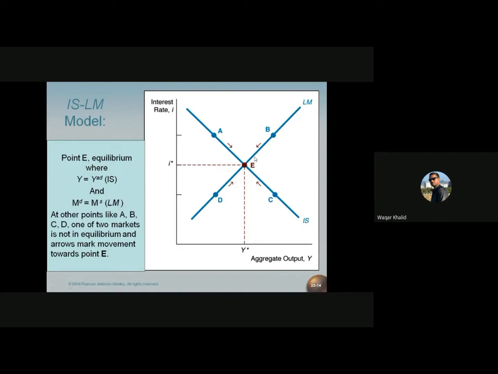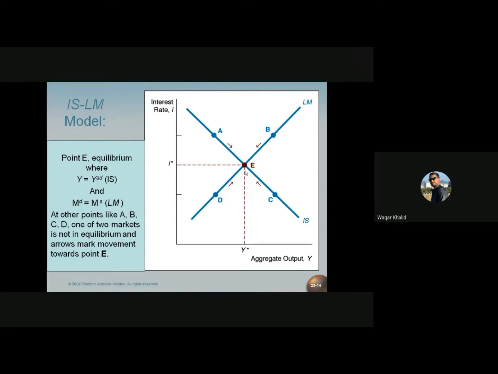So simply we can say that point E is the equilibrium position where both the markets are in equilibrium, or we can say that the goods market as well as the money market is simultaneously in equilibrium. At any other point in this diagram, at least one of these equilibrium conditions is not satisfied.